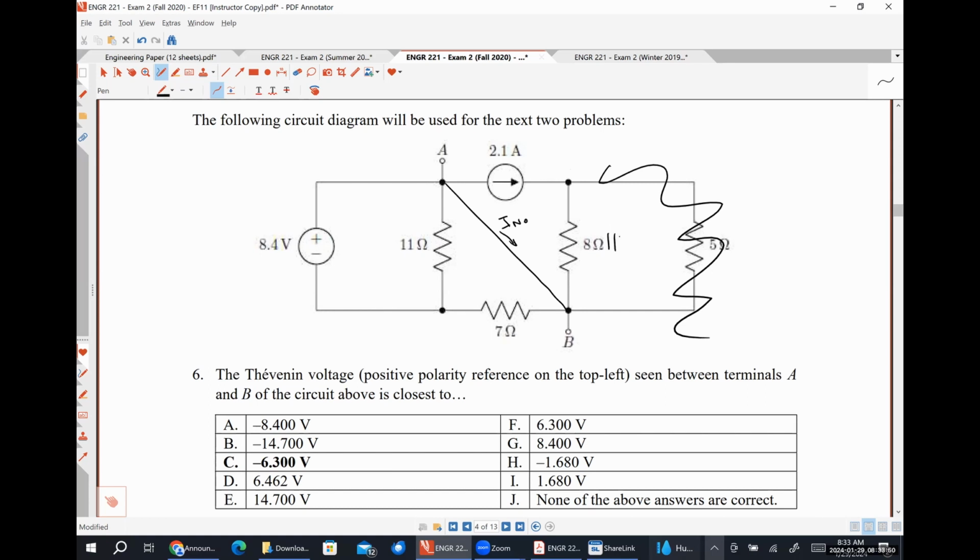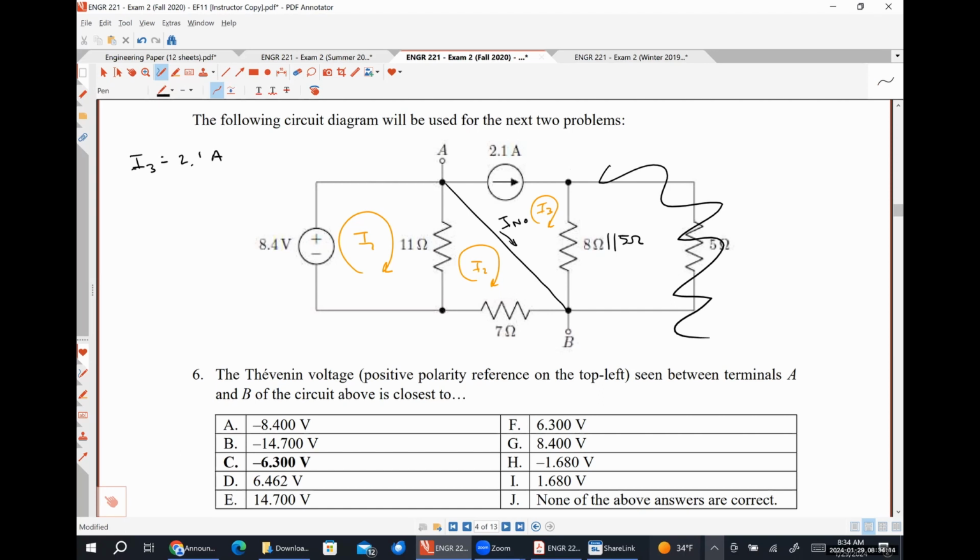This is 8 in parallel with 5 now. So here's mesh current I1, I2, and I3. We can see right from the jump that I3 is 2.1 amps.